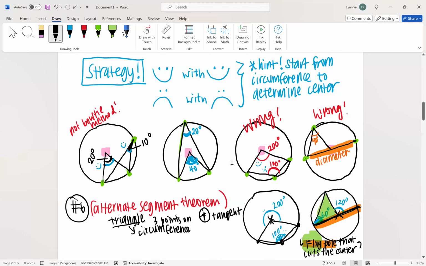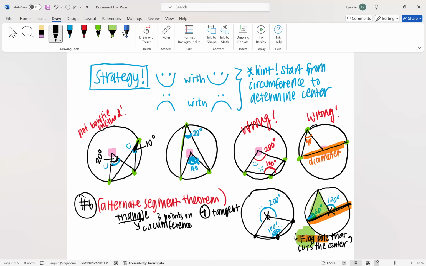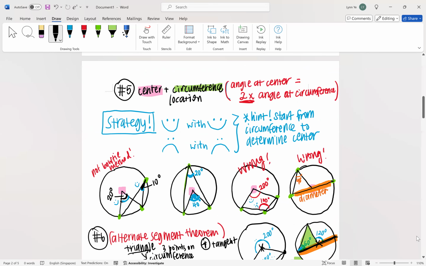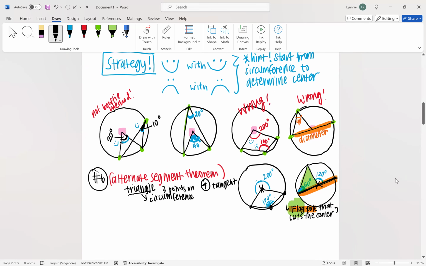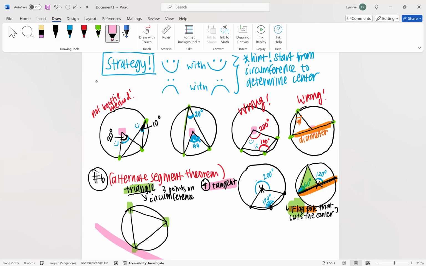It is only specifically for emath students. So we have a circle here, triangle. Can you see there's a triangle here? Right? So this is your triangle, touches the circumference. And you need a tangent. I'll change color. The tangent is here. This is where your tangent is. Understand?